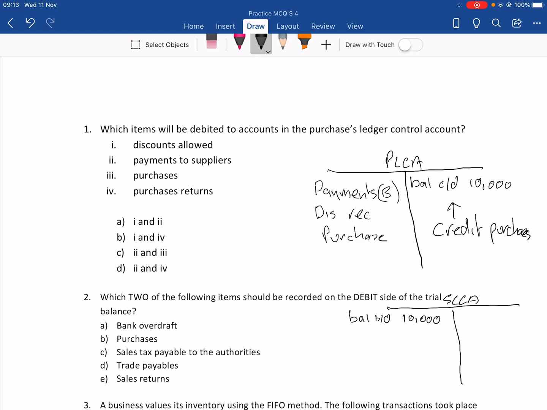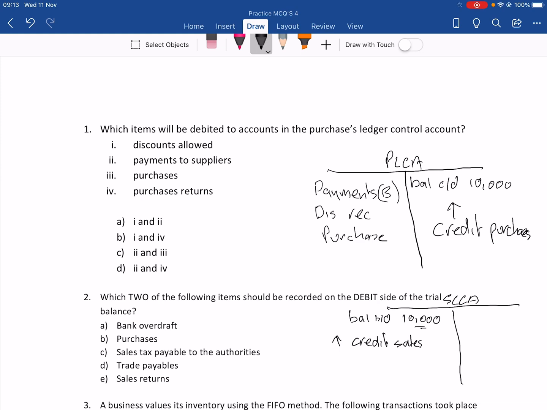So what our customers owe us. What would increase this amount would be credit sales. So if we sold more goods to our customers on credit, then it would increase the amount, as I said before. So if it's £10,000 that our customers owe us, and we sold them another £3,000 of the goods, then obviously they would owe us £3,000.